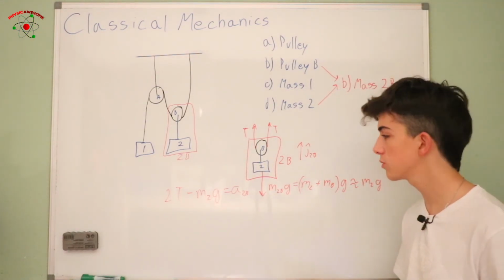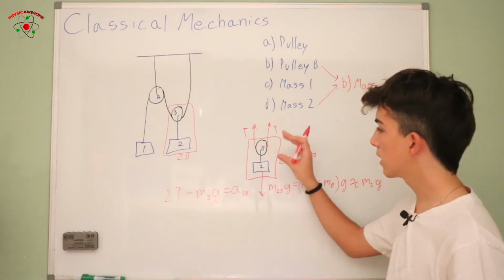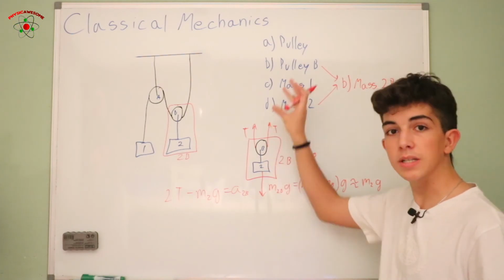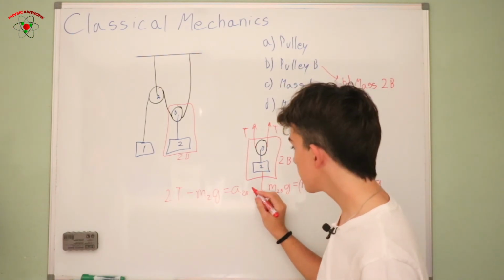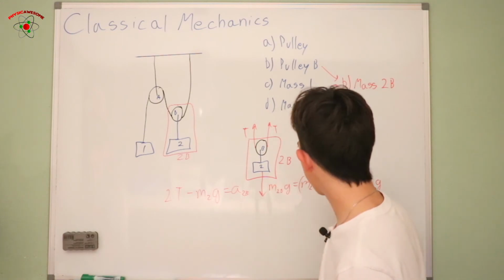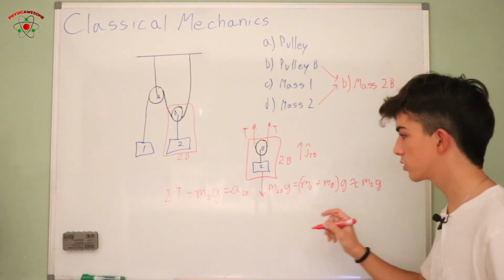It's indistinguishable because there's only a displacement between them, but it keeps constant, times the mass of the compound system, which we said was m2.